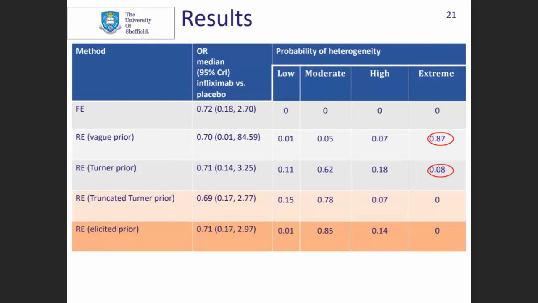But when we use truncated Turner prior, the truncation makes sure that we get rid of all the extreme heterogeneities, hence the probability of heterogeneity being extreme is 0. And also with this particular elicited full distribution, the probability of heterogeneity being extreme is also 0.